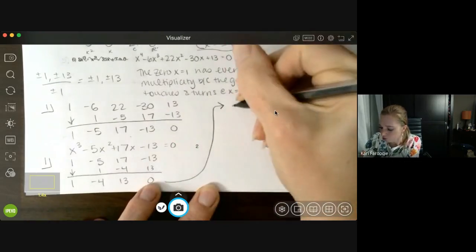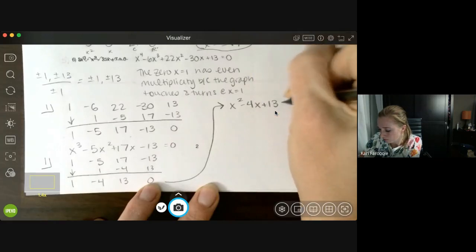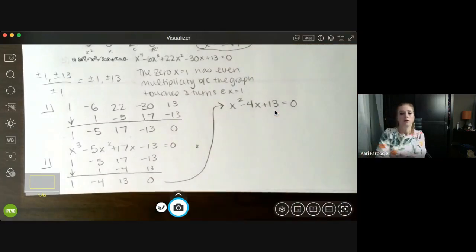Now this gets you to a quadratic function. Once you have something quadratic, you can go ahead and solve using the quadratic equation.